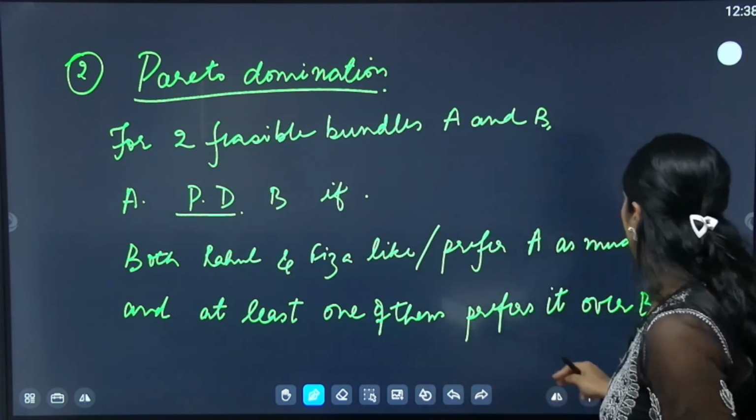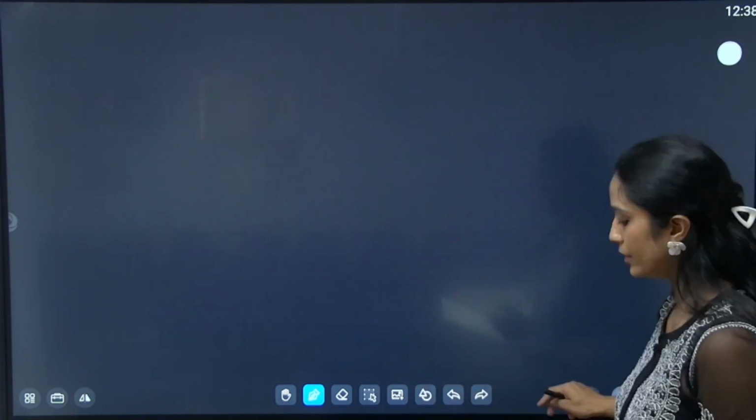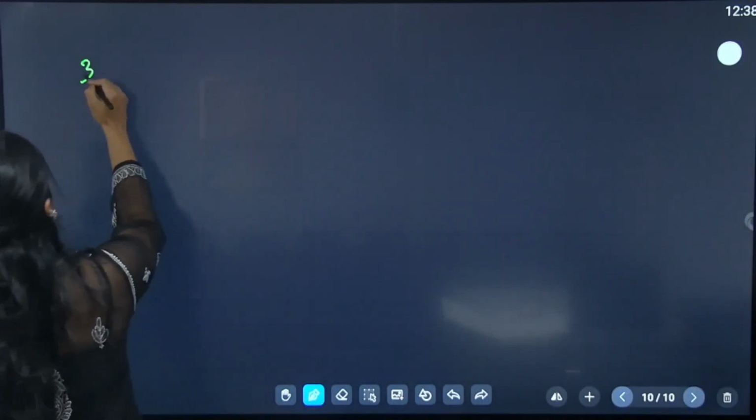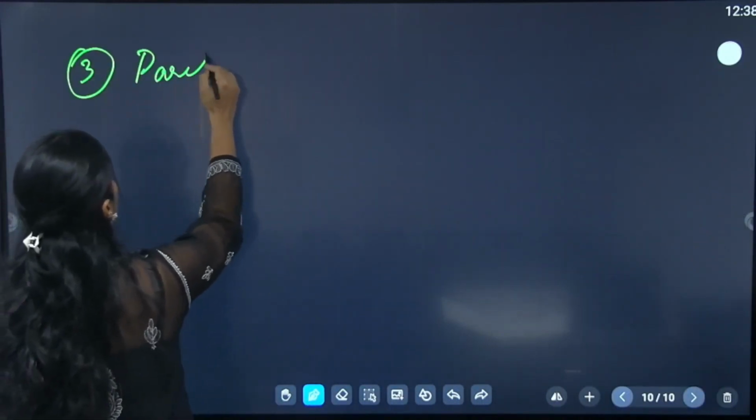The third definition that we will do is what is called a Pareto move.